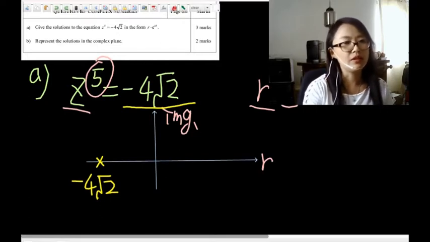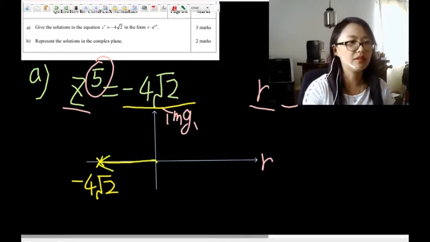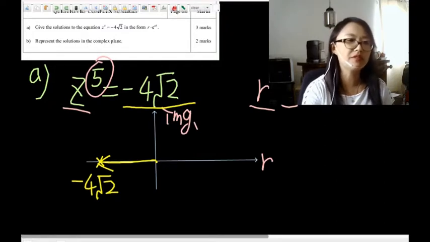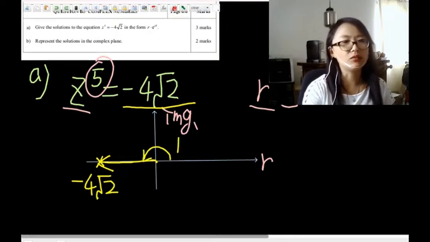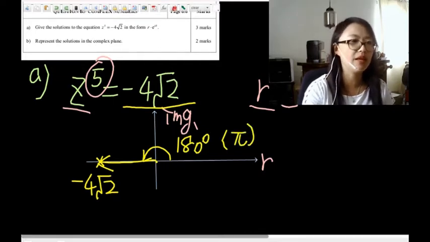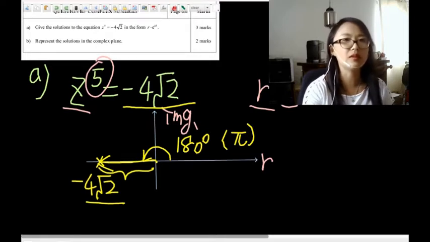We're going to draw an arrow from the origin to this point, and then we can see the argument is from the positive side of the x-axis, all the way here, and that is 180 degrees or pi. We normally use radians, which is pi. The distance between the origin and this point is 4 square root of 2. The magnitude is always positive.